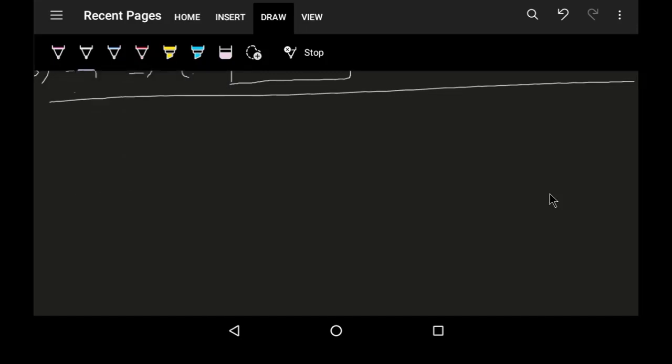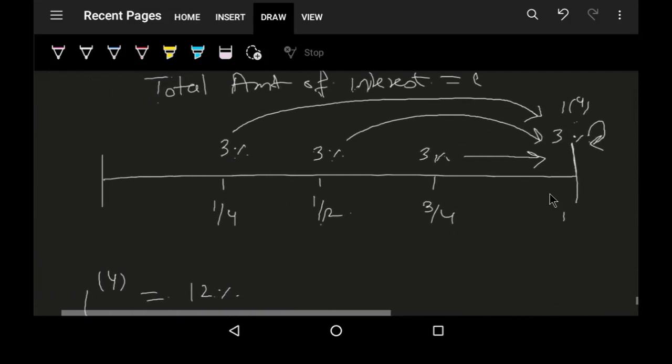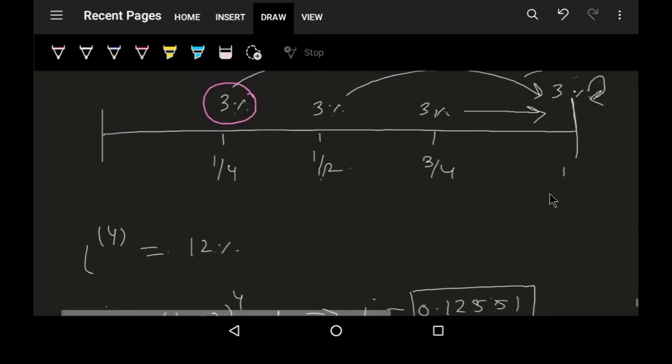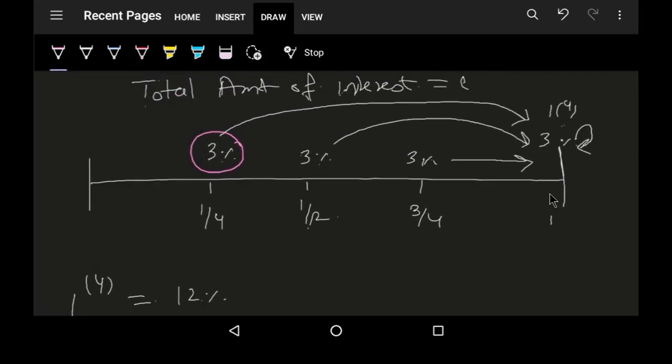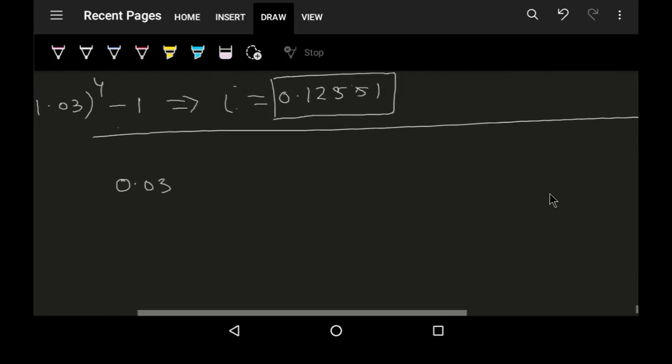So what I write: 0.03. I am first taking the first amount, this amount, this 3%, to the end of the year. To do that, I will have to multiply this 3% by 1.03 three times, because the effective interest rate of each quarter is 3%.